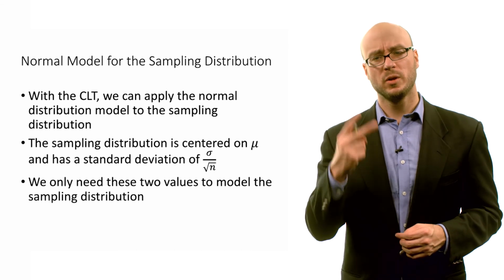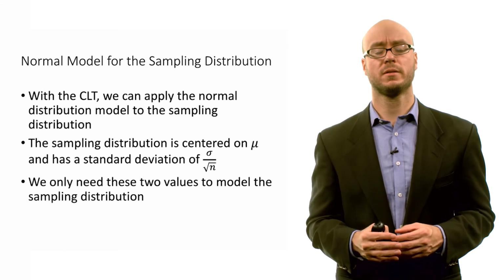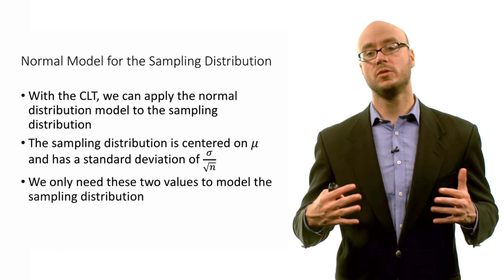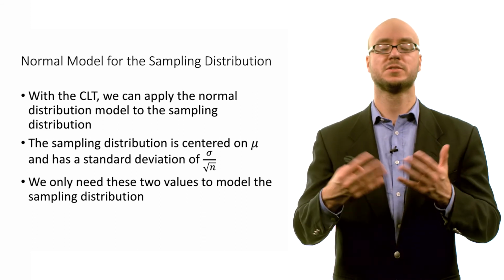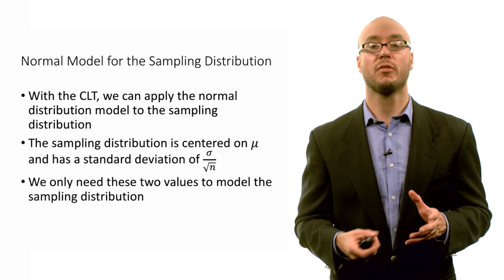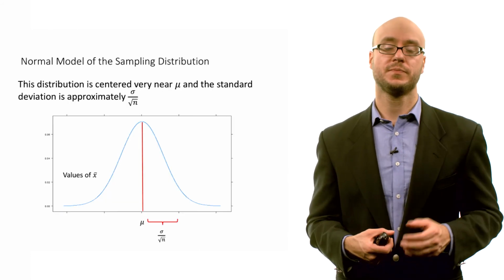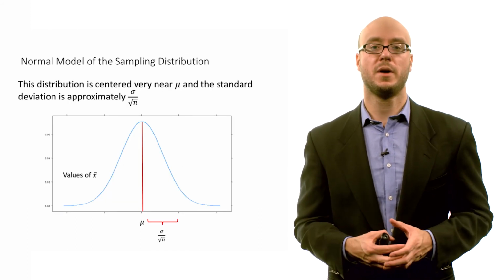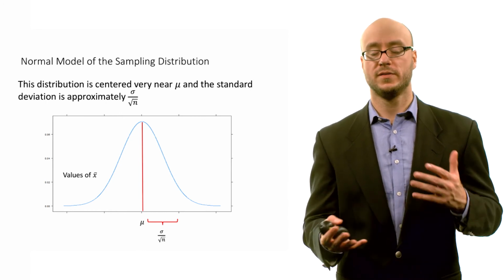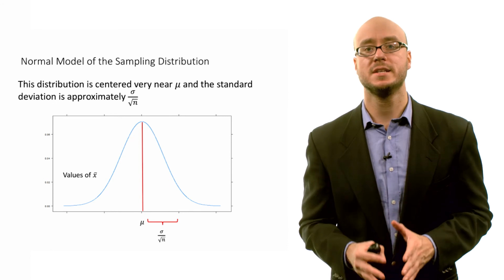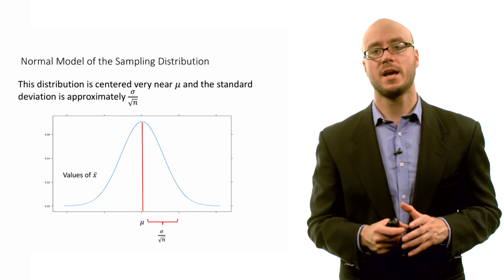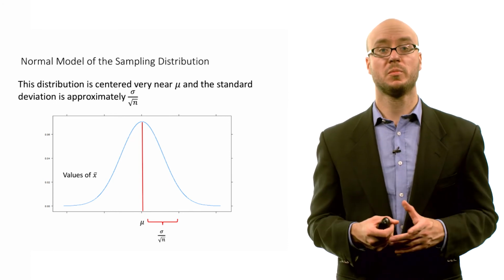We only need these two values to model the sampling distribution because we know the distribution is normal as long as the sample size is larger than about 30 or so, or the distribution of the population is normal, or if it's symmetric, we can get away with a slightly smaller sample size. The key point is that we can model the sampling distribution using the normal model.